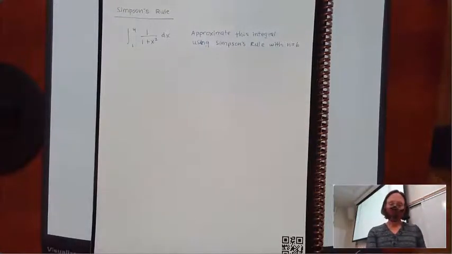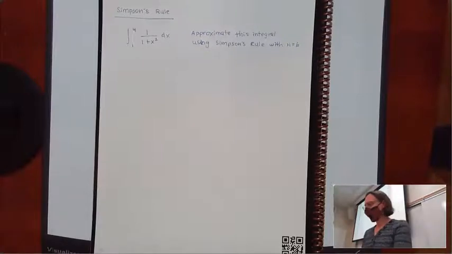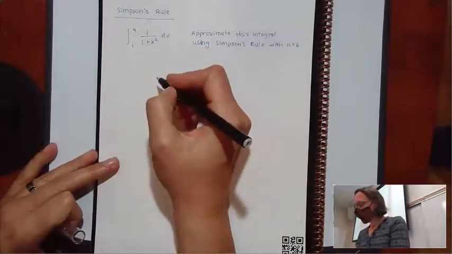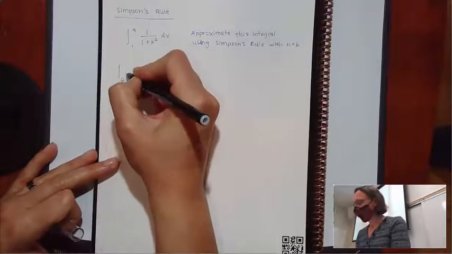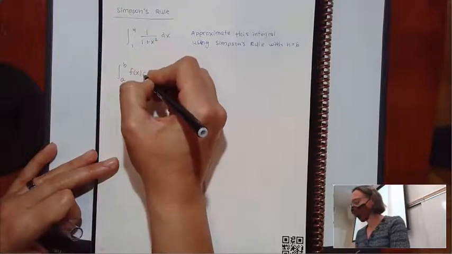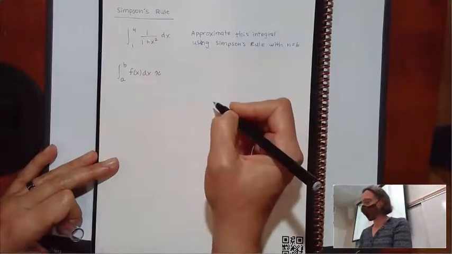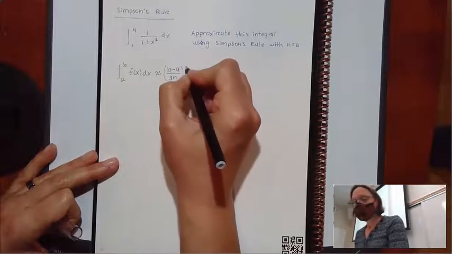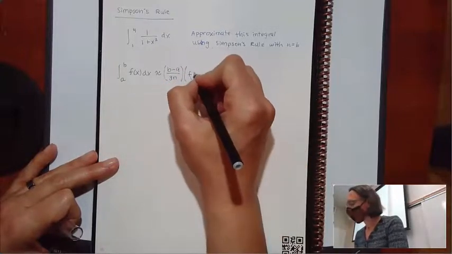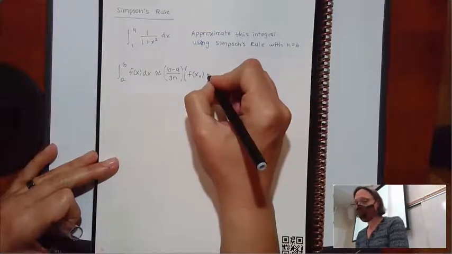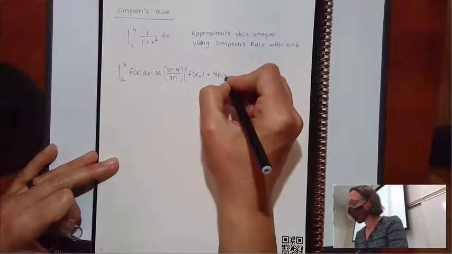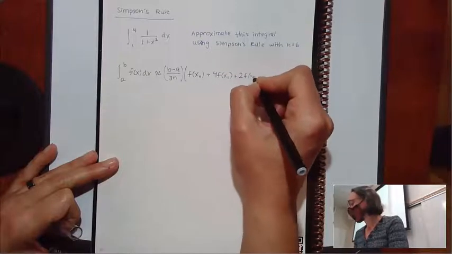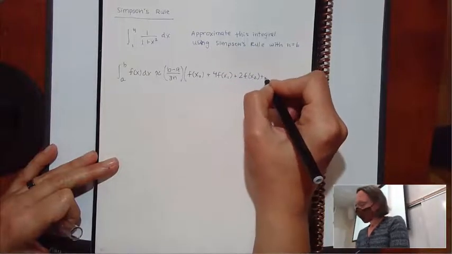So let's look at the ugly formula for Simpson's rule as it is written in the book, and then dissect what's going on. The definite integral from a to b of f of x dx is approximately equal to b minus a over 3n times, and I'm just going to write it the same way it is in the book, f of x0 plus 4 times f of x1 plus 2 times f of x2 plus dot, dot, dot.